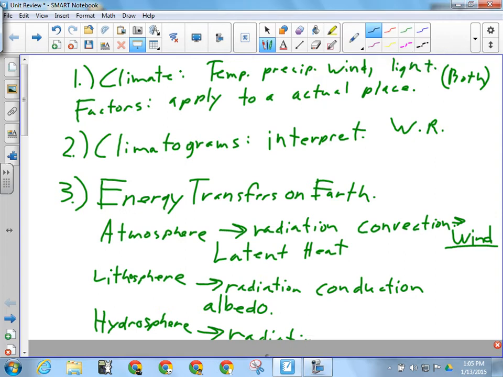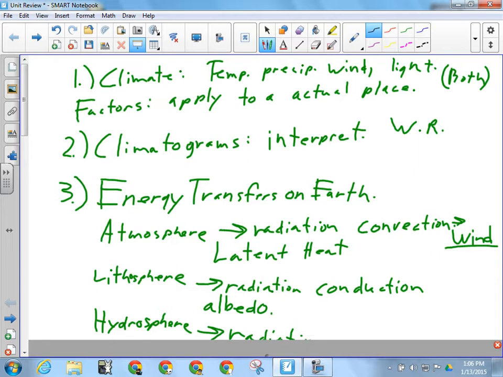Okay, so when we first started talking about energy transfers on Earth, the first thing we said is what can happen to energy when it strikes the Earth's surface? There are 3 things that can happen to it. Anyone remember what they were? Absorbed is one. Reflected is another.